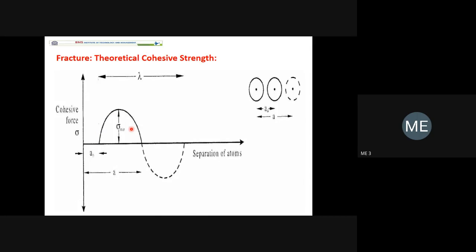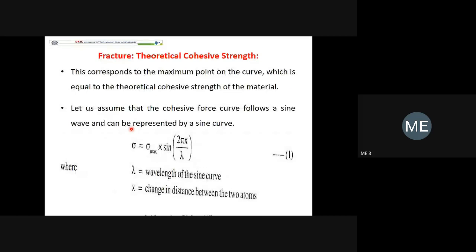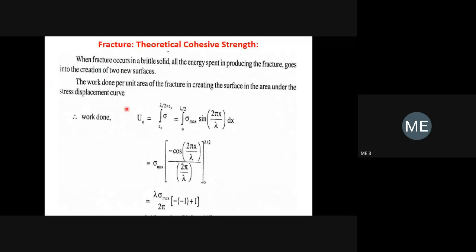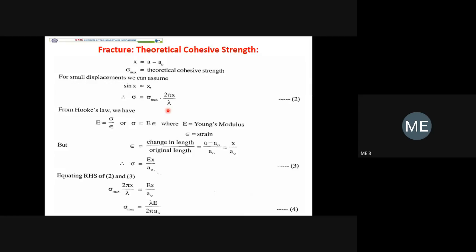The area under this curve is given by an integral, where the value ranges from a naught to lambda by 2 plus a naught. Those are the two limits. I'll show you what this is.